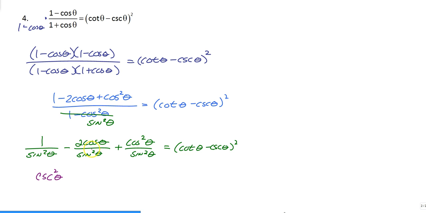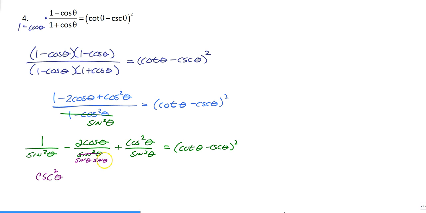And now over here, this part is a little tricky to see, but if we were to split this into sine theta, cosine theta over sine theta is cotangent.